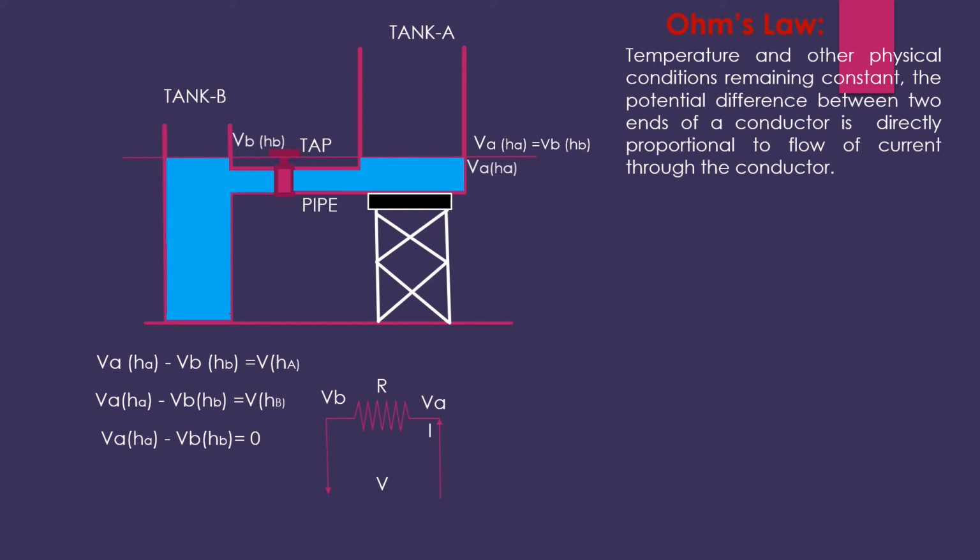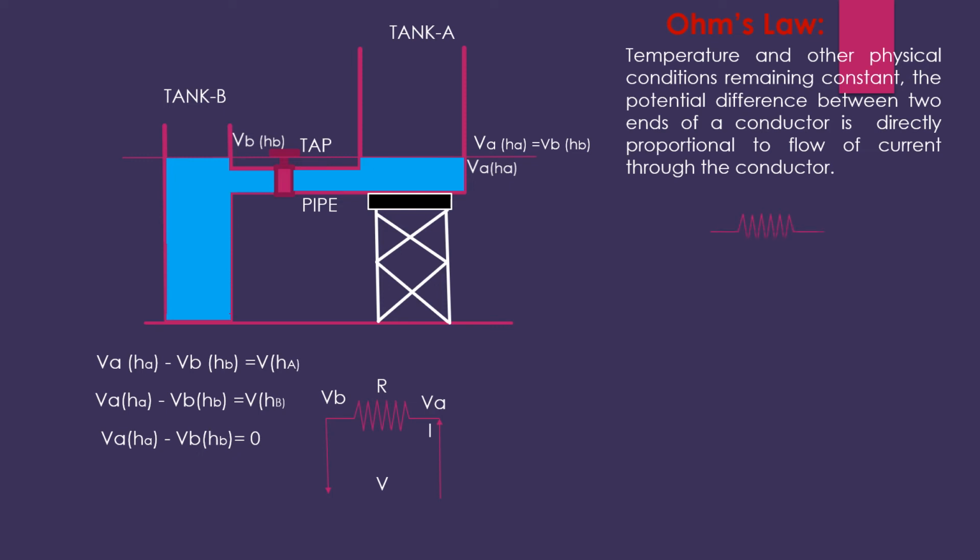So, flow of current is directly proportional to potential difference, as the rate of flow of water is directly proportional to water level difference, where resistance R is constant and the opening area of the tap remains constant respectively.